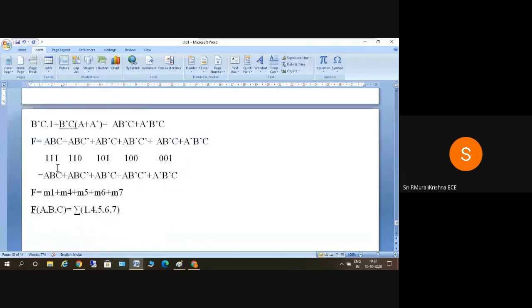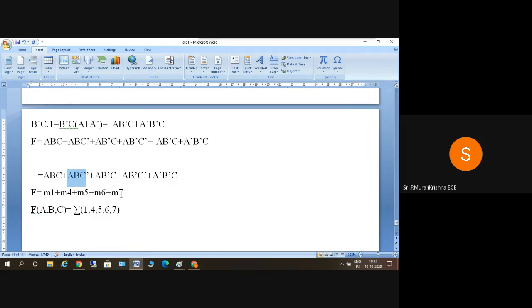If I get a canonical equation, each term contains all the input variables, ABC in normal or complement form. Then only we can find the minterms: M1 plus M4 plus M5 plus M6 plus M7. So clear? Yes, sir.